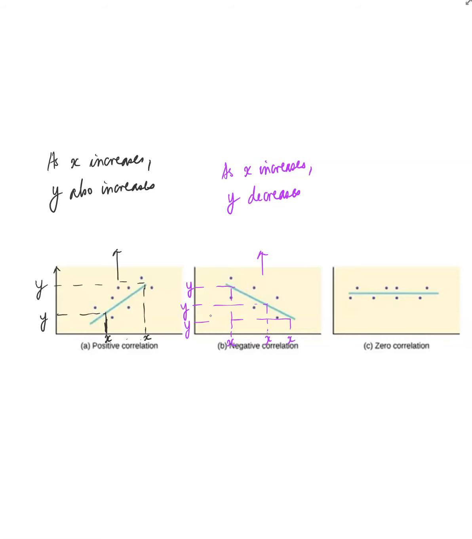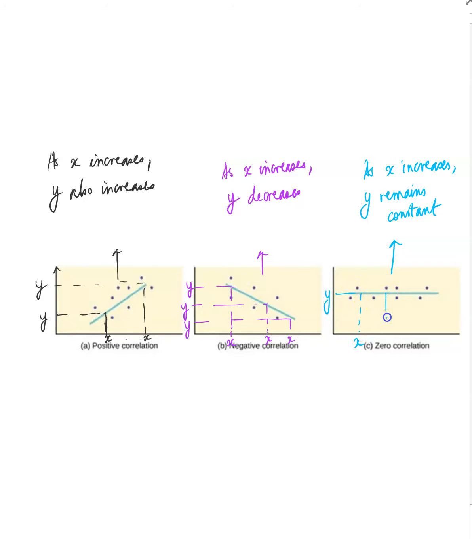Now, if you look at zero correlation, what happens here? As x increases, y remains constant. You can see that. This is the x value, and the corresponding y value is the same.